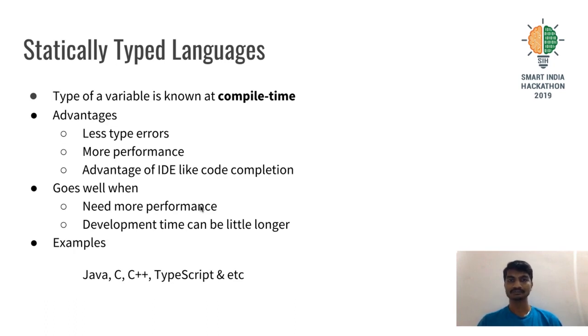So we need to consider this extra development time when choosing the language. Examples of statically typed languages are C, C++, Java, and TypeScript, which is a superset of JavaScript, and many more.